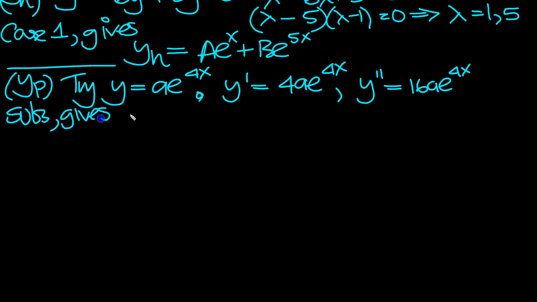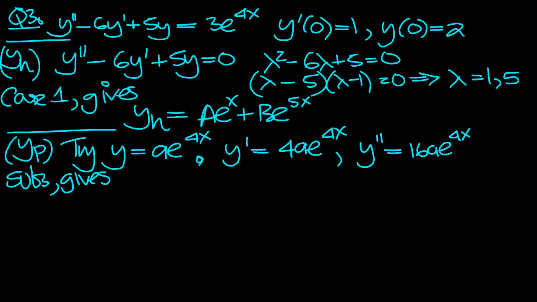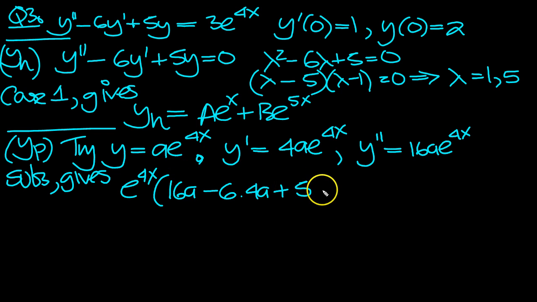So substitution now gives, let's put our screen back up. We have to substitute into the equation at the top. For y double dashed, 16a. Notice there's an e to the 4x common throughout, so we'll keep that outside a bracket, to make life a bit easier for ourselves. So 16a, minus 6y dashed, and y dashed is 4a, and then plus 5y, and y is a, all times e to the 4x is equal to 3e to the 4x.